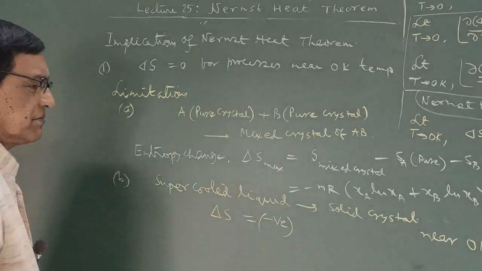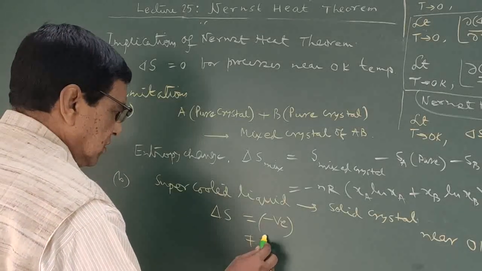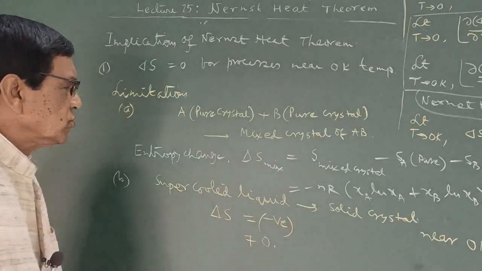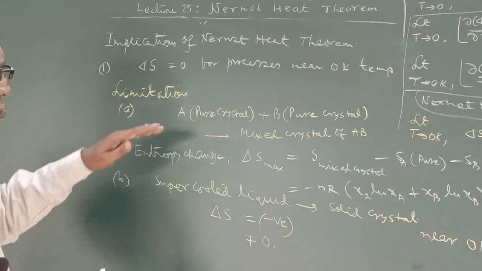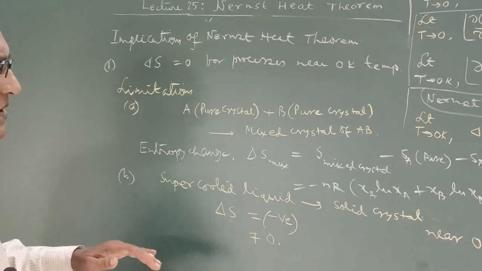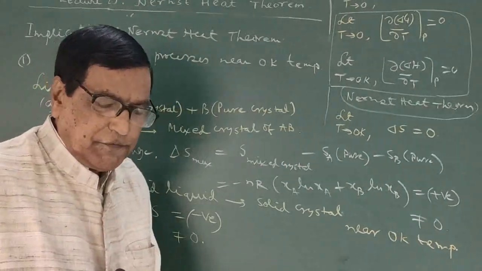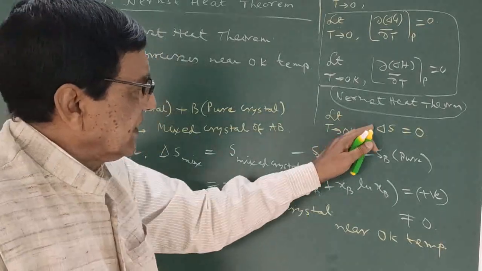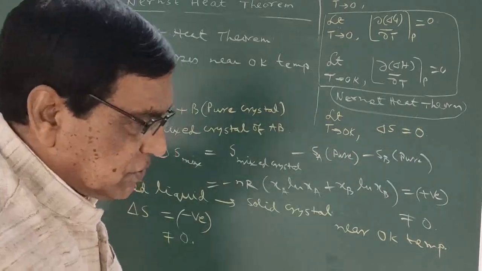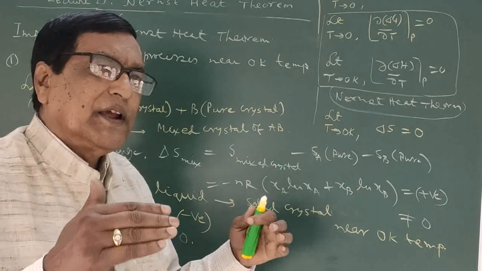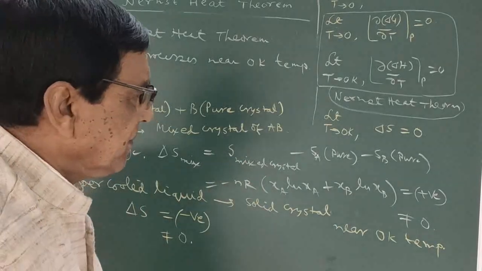So delta S becomes negative and not equal to 0. So I cite here these two limitations where the Nernst heat theorem fails, or delta S is not equal to 0, though the processes are occurring near 0 Kelvin temperature.